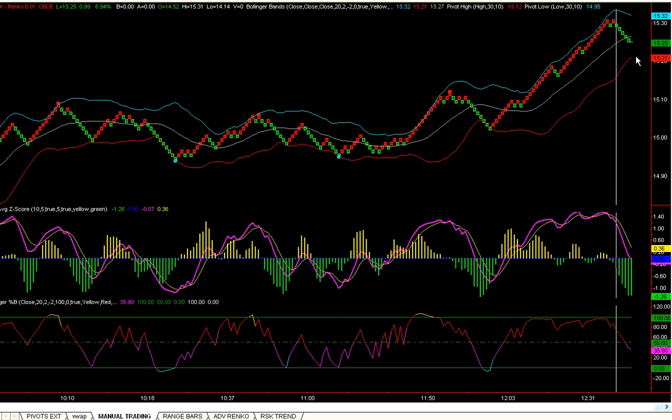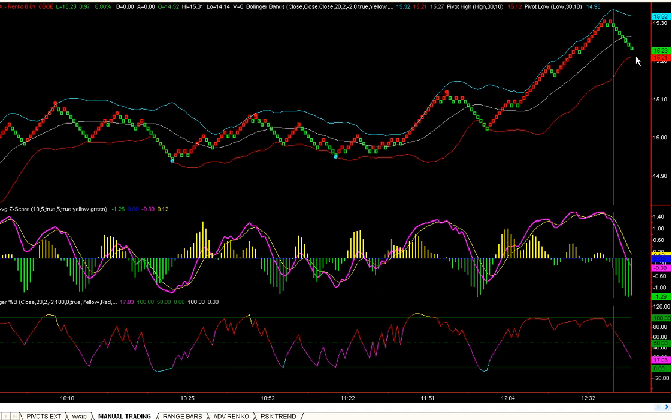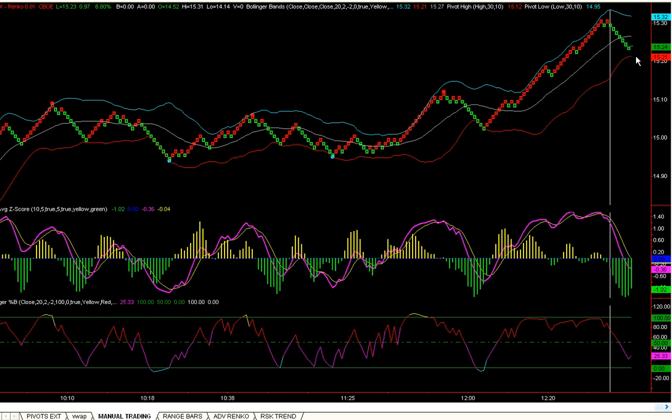But I want to give you a little bit of a secret here on the VIX. Having studied the VIX for many, many years, one thing is very true about the VIX. 90% of the time, maybe even better, the VIX will be at a new high when the Spoos are at a new low.